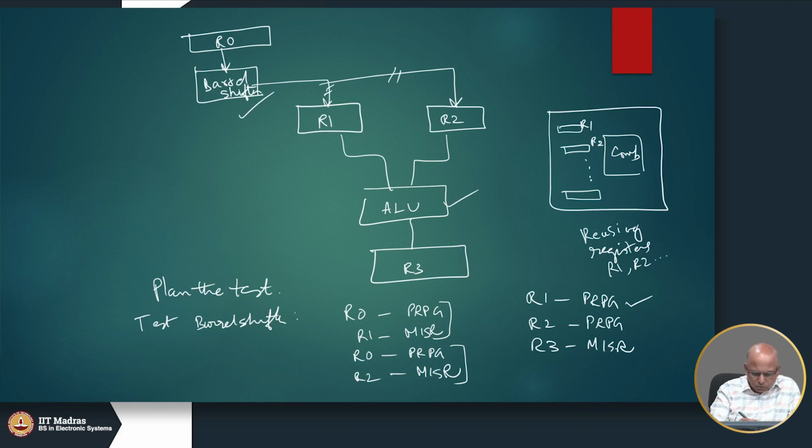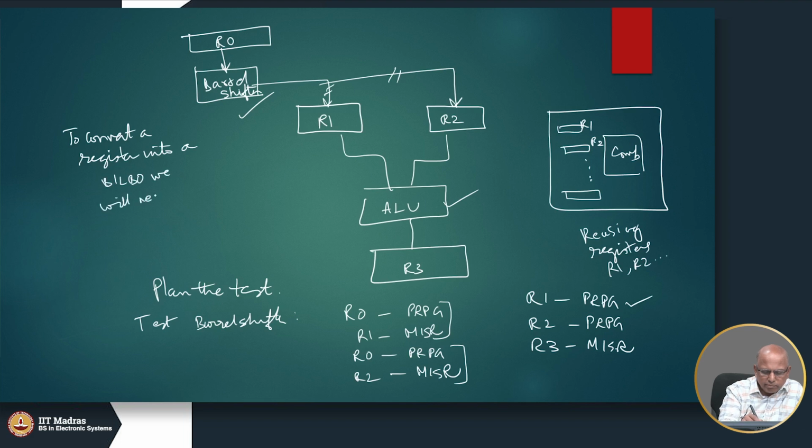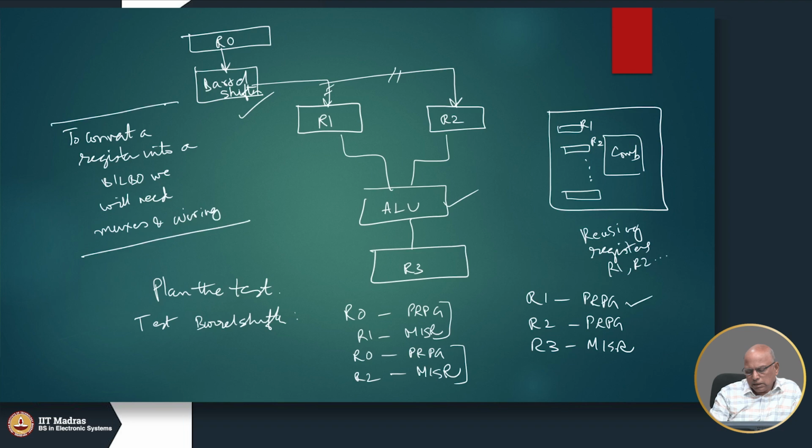So to convert a register into a BILBO, we will need some muxes and wiring. So this will be the extra area that we will end up bringing in, but otherwise it is straightforward.